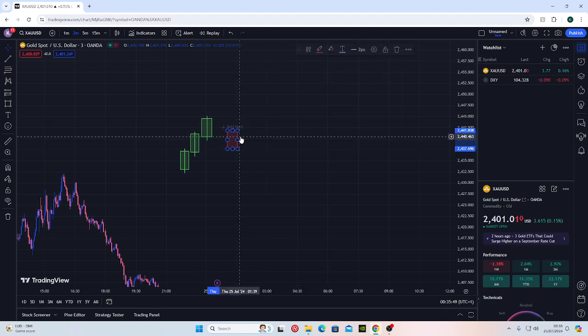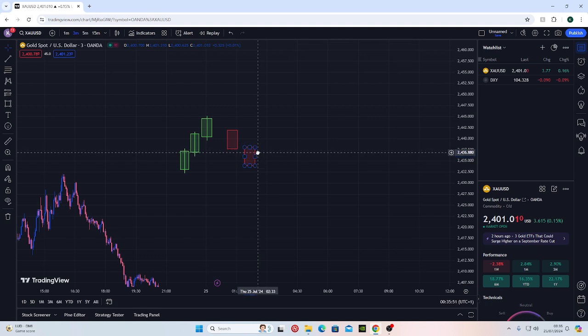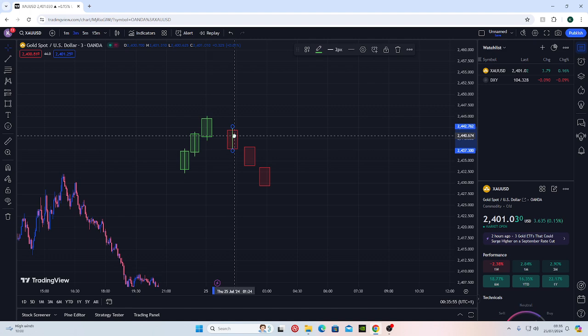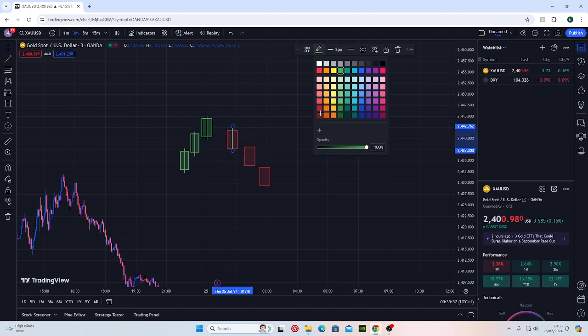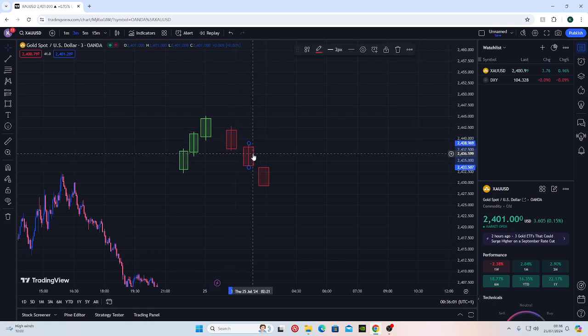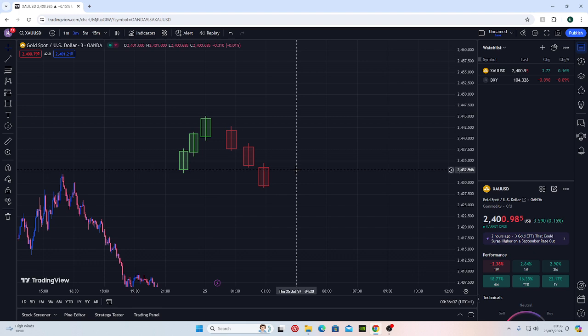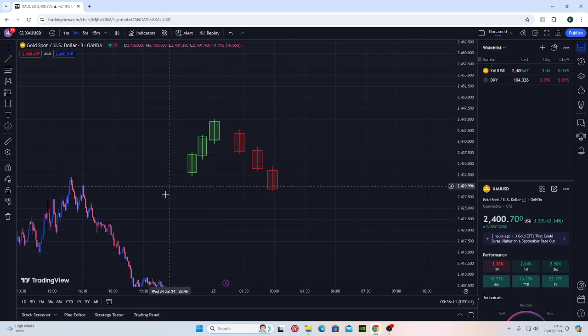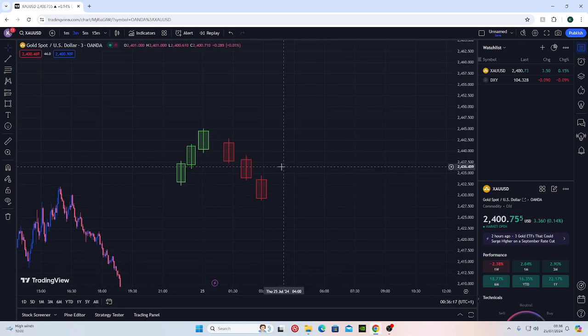Then we're gonna go boom and boom, and then boom, change that to red. Assuming you know nothing about this, green means a buying candle, red means a selling candle.